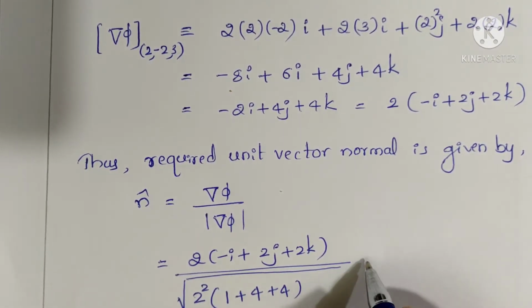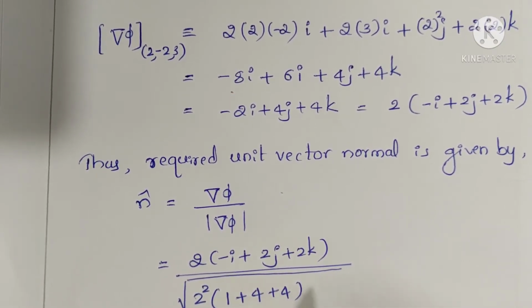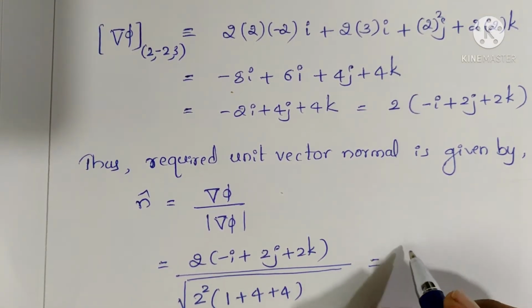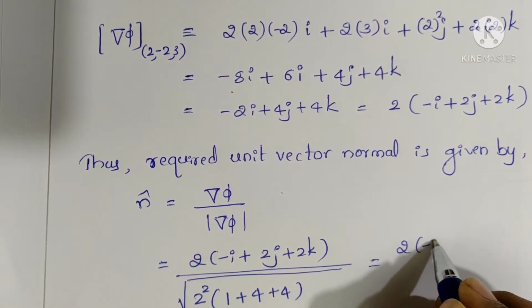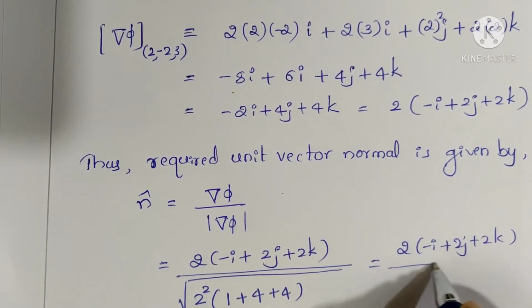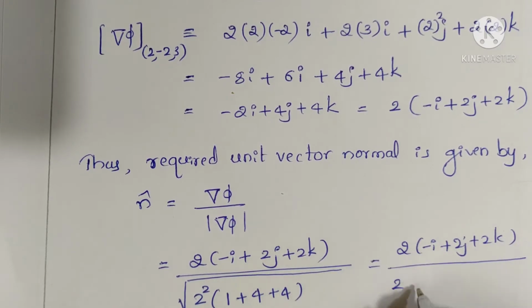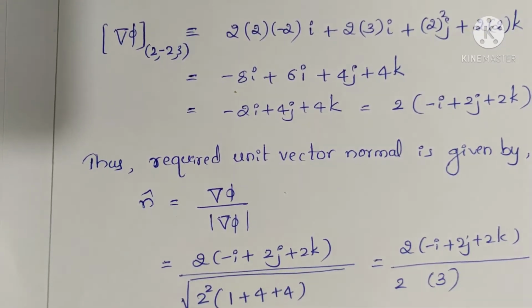So it is 2 into minus i plus 2j plus 2k. So square root of 2 square is again 2. Take it out. And 4 plus 4 is 8, plus 1 is 9. Square root of 9 is 3.